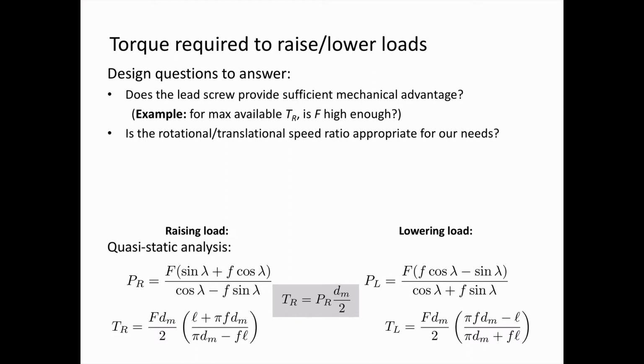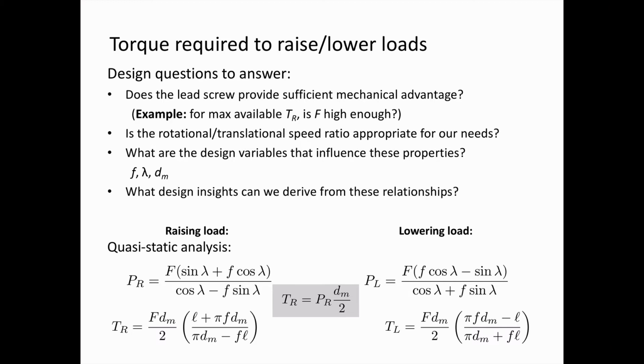Another question is, is the ratio between rotational and translational speed appropriate for our needs? What are the design variables that influence these properties? The main design variables are the friction coefficient, which depends on the material type and the type of lubrication, the lead angle, and then the mean diameter.